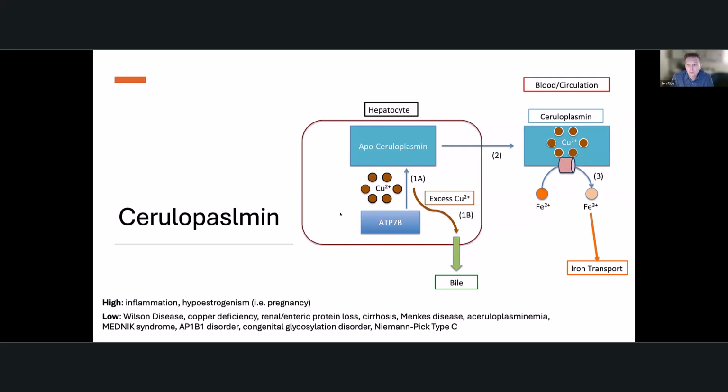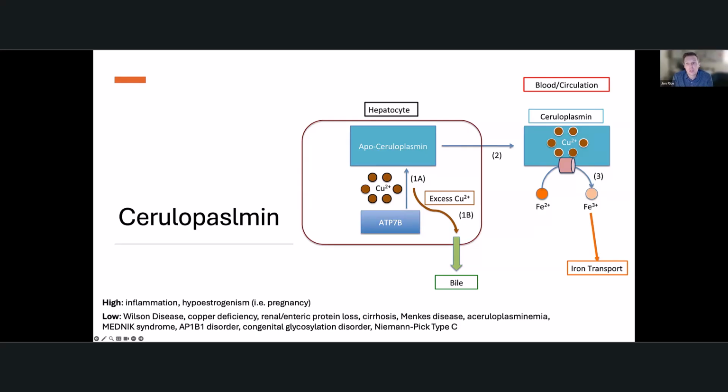Patients with Wilson's disease are unable to make this transfer, leaving unbound copper in the liver and eventually in circulation. Apoceruloplasmin, interestingly, has a shorter half-life than holoceruloplasmin, and this leads to Wilson's disease's characteristically low ceruloplasmin level.